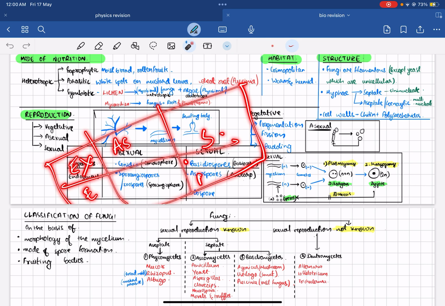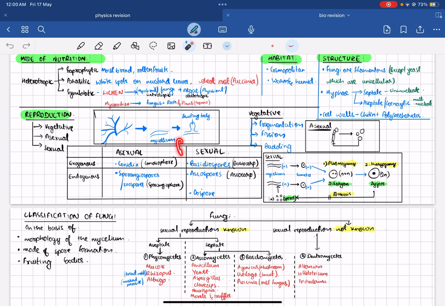Then I write A B C D. A is for Ascospores, Ascocarp. B is for Basidiospores, Basidiocarp. C is for Conidiospore, and endogenous is Sporangiospore or Zoospore. And vegetative reproduction is by fragmentation, fission, budding.